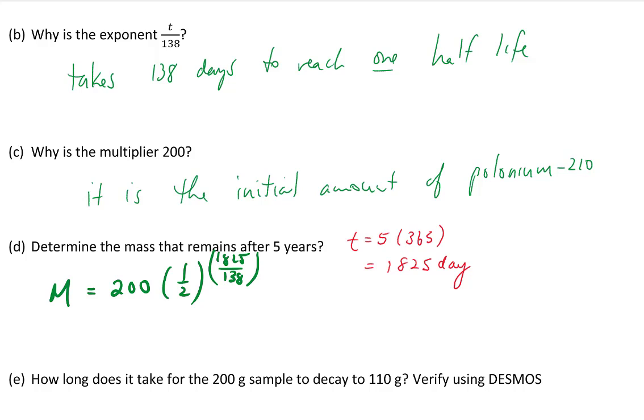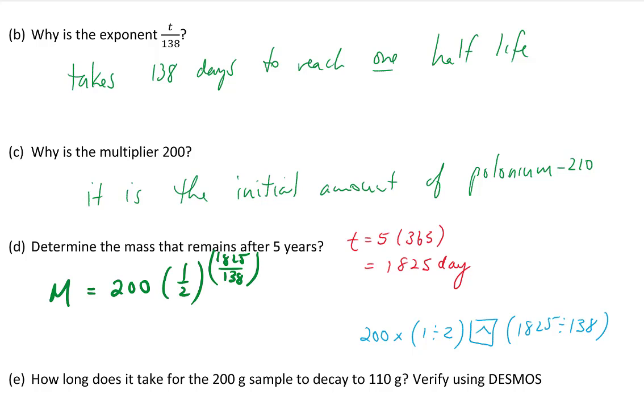So on your calculators, to do this calculation, you're going to do 200 times bracket 1 divided by 2, close the bracket, use your exponent button, and then again use a bracket and do 1825 divided by 138. So again, make sure you have your brackets in the correct locations.